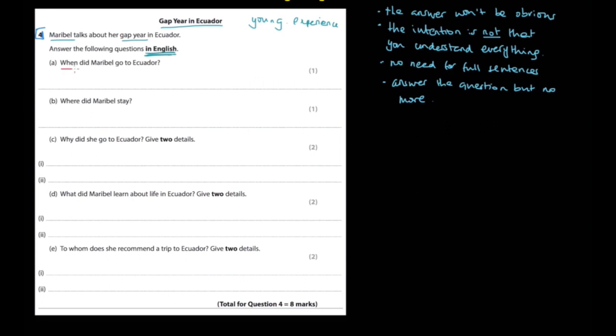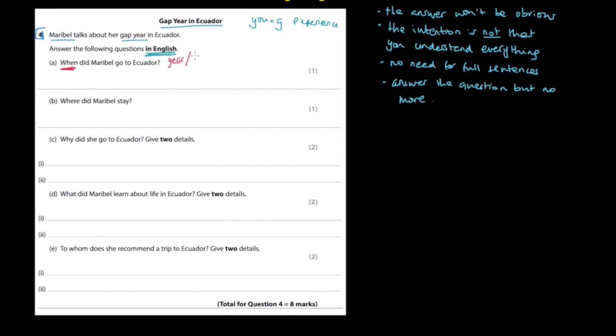First question: when did Maribel go to Ecuador? I will highlight or underline the important thing, which is when. If I'm after when, what may I hear? I may hear a year. I could hear "en 2012 fui". I could hear "hace 3 años".